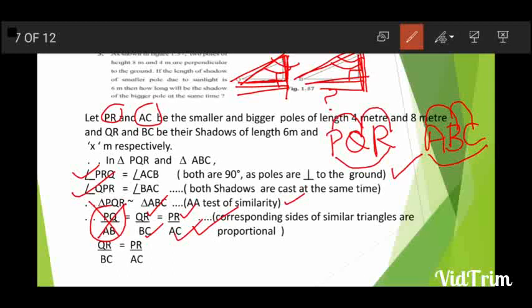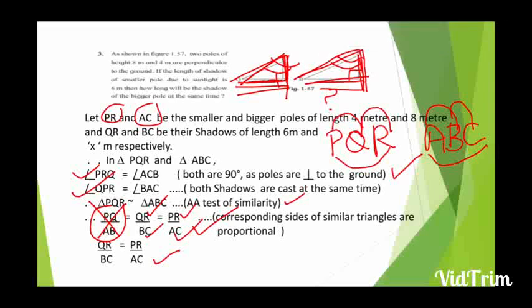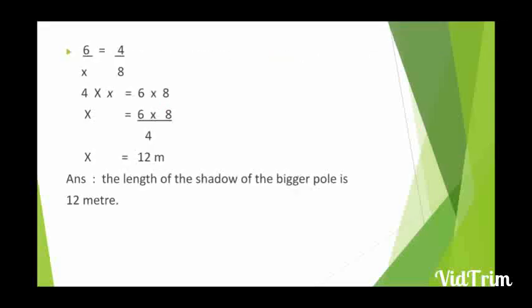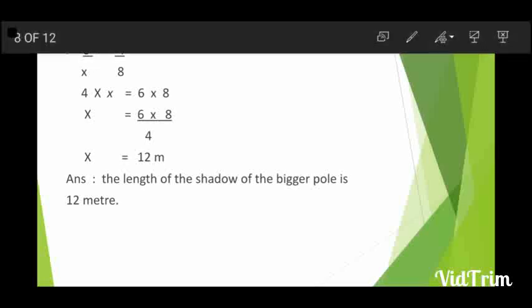In the next part I have written QR upon BC is equal to PR upon AC. Now we are going to substitute the values and we'll get the answer. So I have substituted the values and cross multiplied. Here 4 I have cancelled by 2 table. So I have got the length of the shadow of the bigger pole is 12 meter.